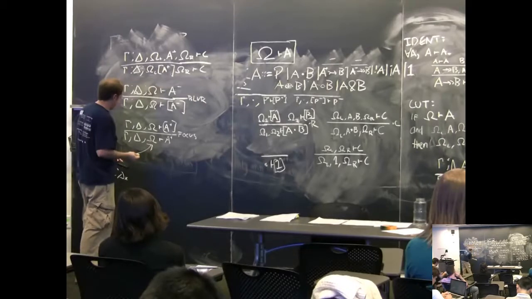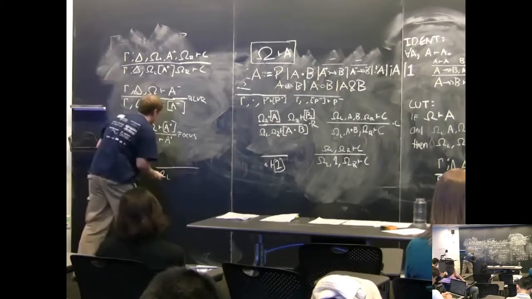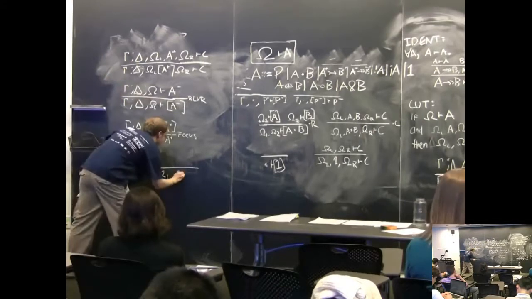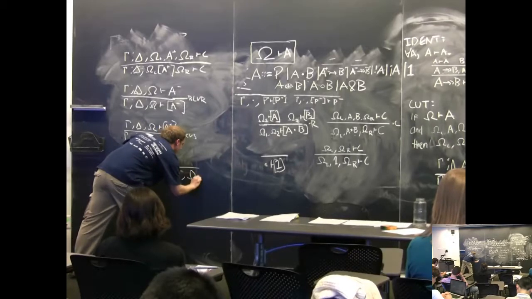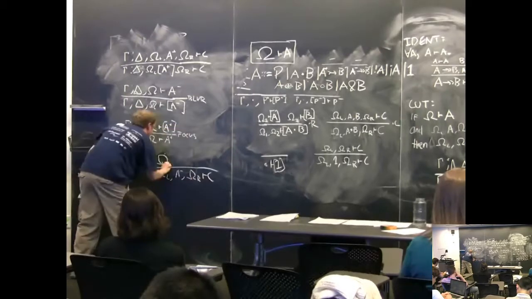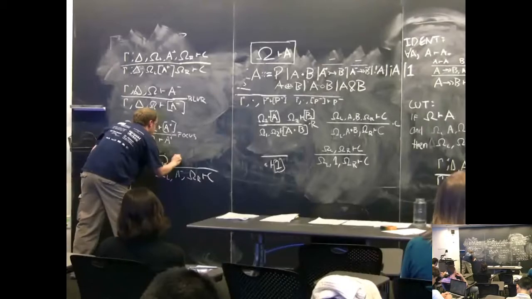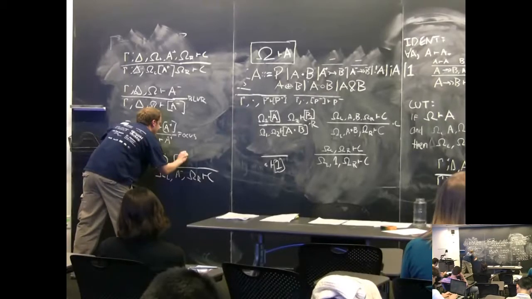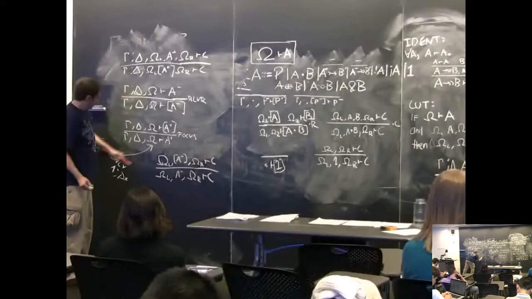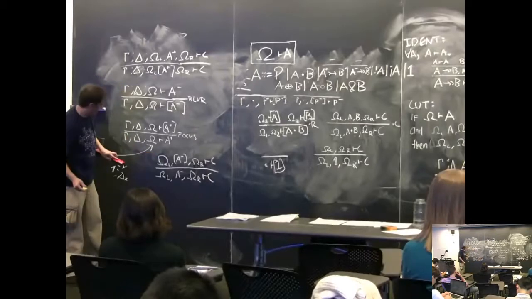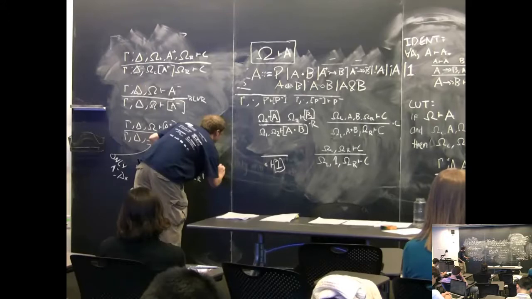And we've got another rule, and I'm only going to write out this one: omega left A minus omega right proves C if omega left focus on A minus omega right proves C. Okay, that was kind of badly written, but those are the idea of the focus rules.